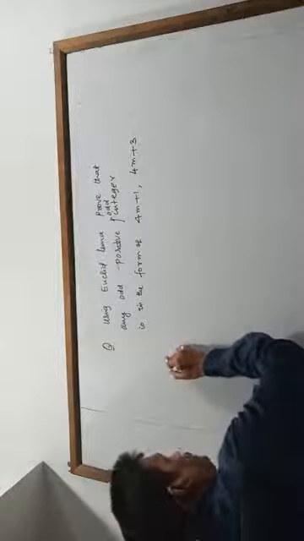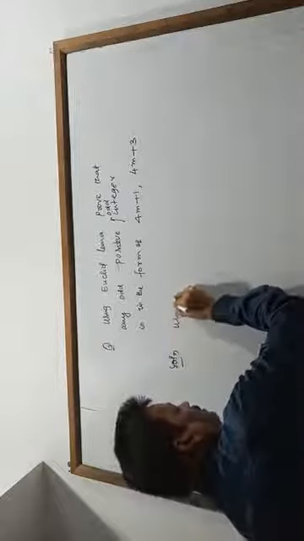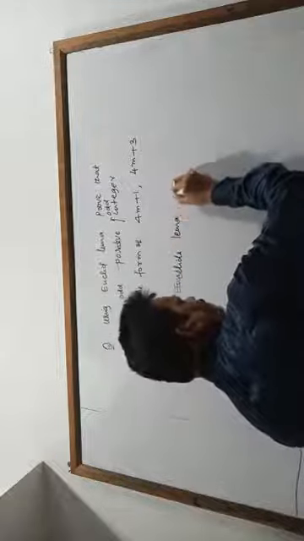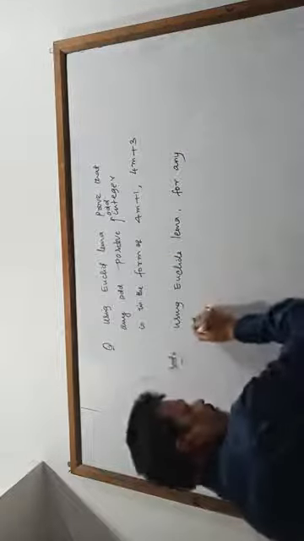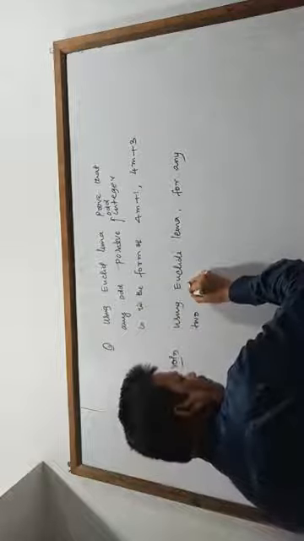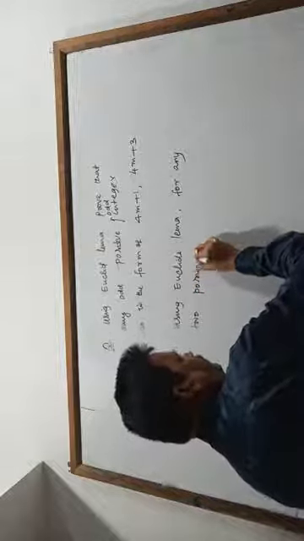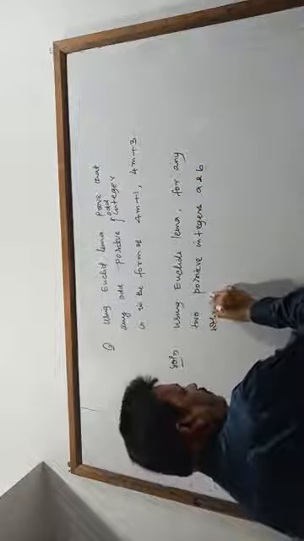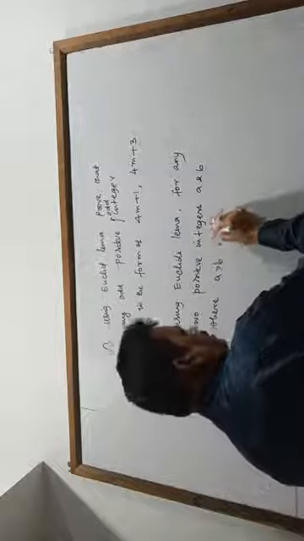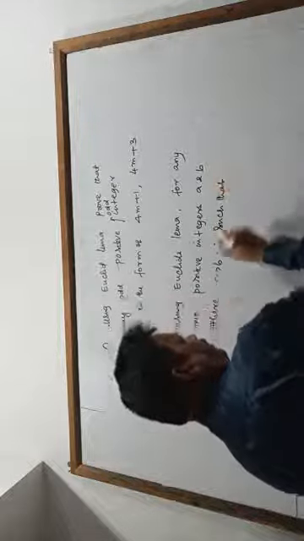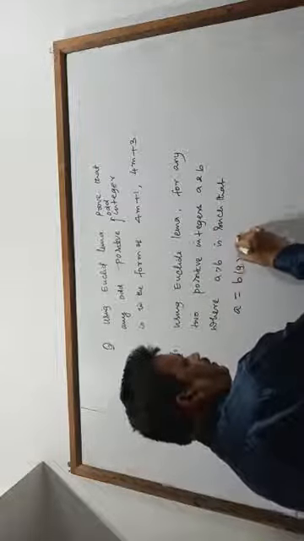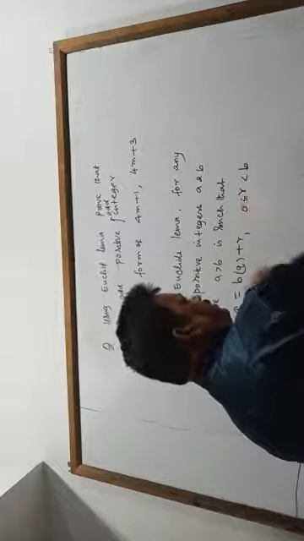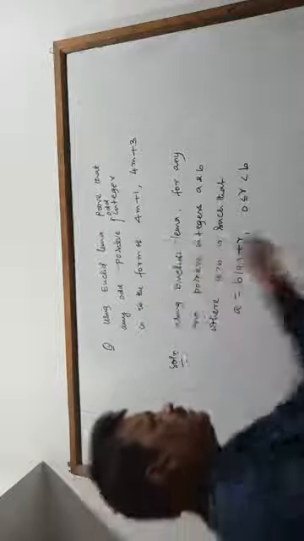What is Euclid lemma? Using Euclid's lemma, for any two positive integers A and B, where A is greater than B, A equals BQ plus R, where R is less than B, or R lies between 0 and B. Okay, now look here how to write.